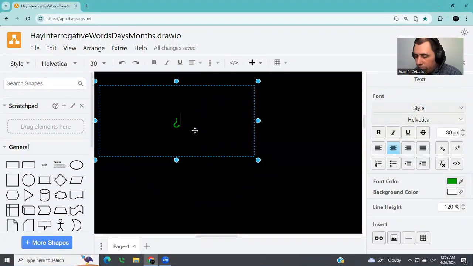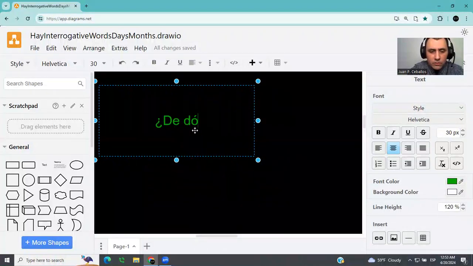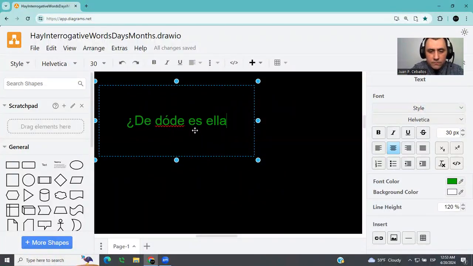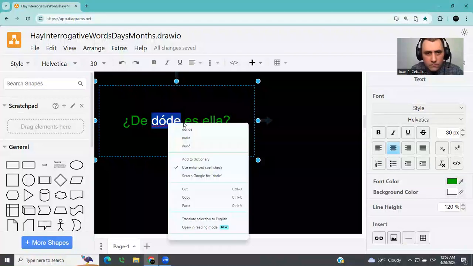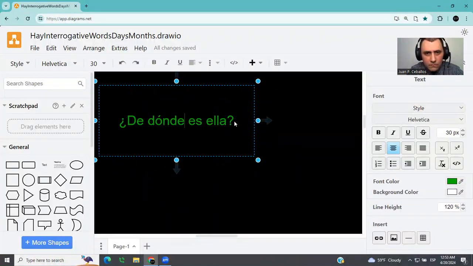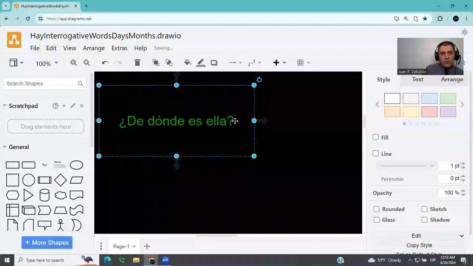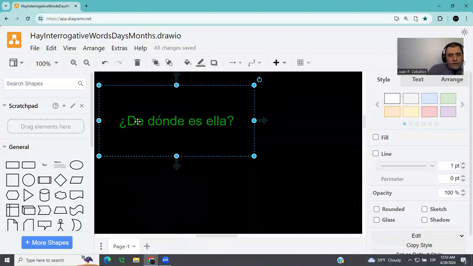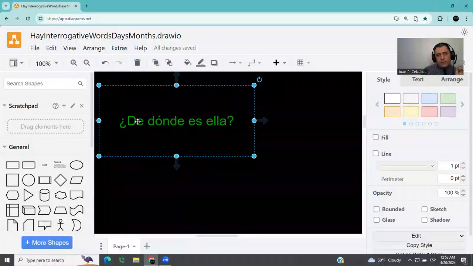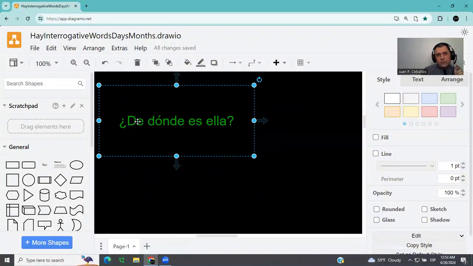So I'm going to give you an example. ¿De dónde es ella? So notice in this case I'm using the preposition de, which means in this case of. And this sentence would translate in English, where is she from?